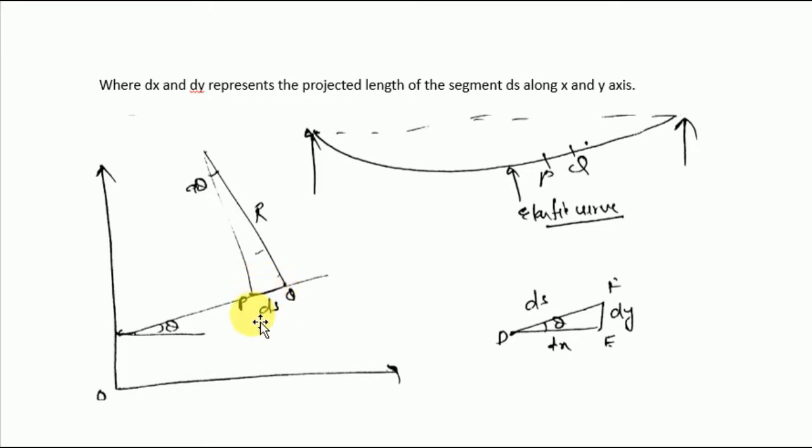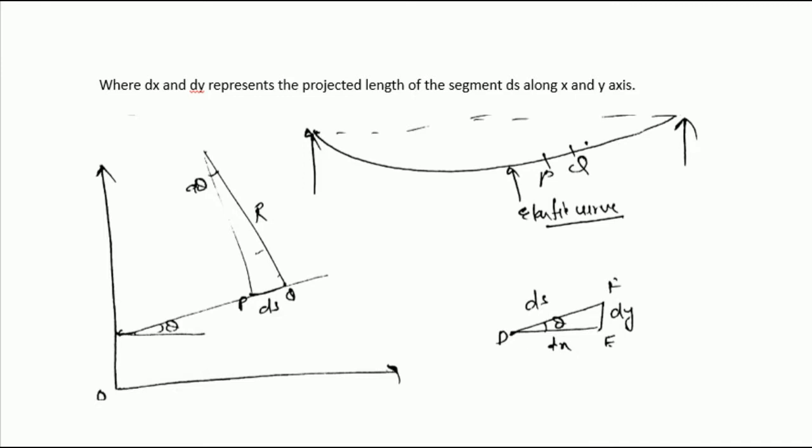The arc created by this elastic curve subtends an angle d theta, and the radius of this arc is capital R. The PQ chord makes a theta angle with the x-axis. Then let's analyze this arc.